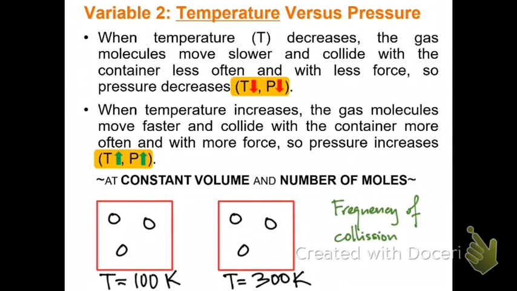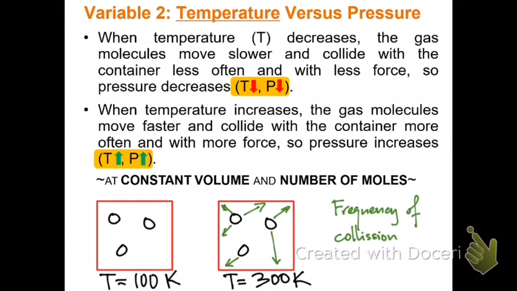You learned in the past that at higher temperature there's higher kinetic energy, and if you have higher kinetic energy, the gas molecules have a higher velocity. They move a lot faster. And because these molecules are moving a lot faster compared to at 100 kelvins, the frequency of collision is also higher.